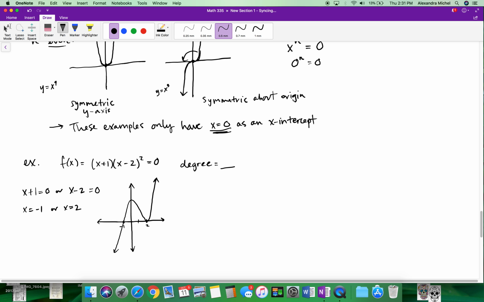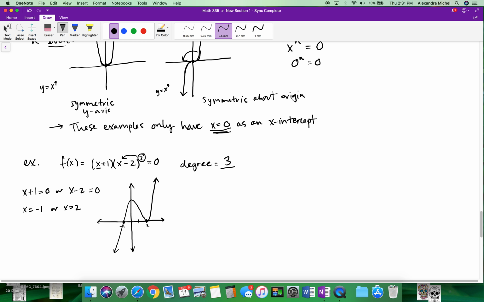On the graph here, we can see that at negative 1, we're at 0, and at 2, we're at 0. And overall, this function is degree 3, because this factor has a power of x, and here, this power is actually 2. So overall, we have degree 3.